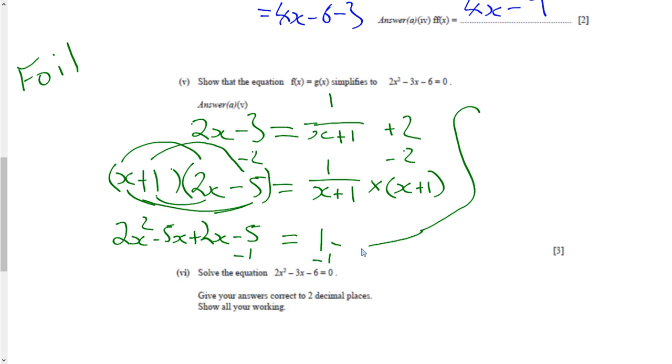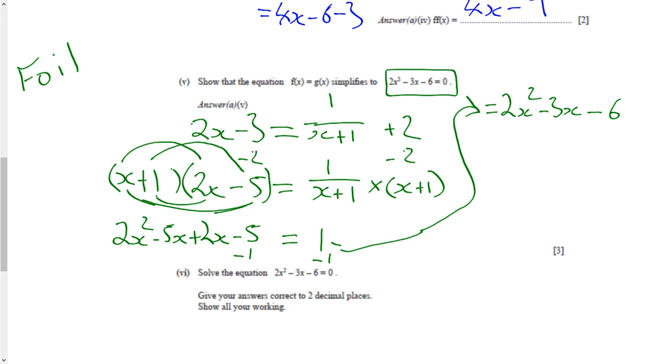If we combine our like terms, we've got 2x squared, minus 5x plus 2x, so that's minus 5 plus 2, which is minus 3x. And finally, minus 5 minus 1, which is minus 6. We've just gone through and shown the whole process of how f of x equal to g of x simplifies to what we were given initially, and that works.